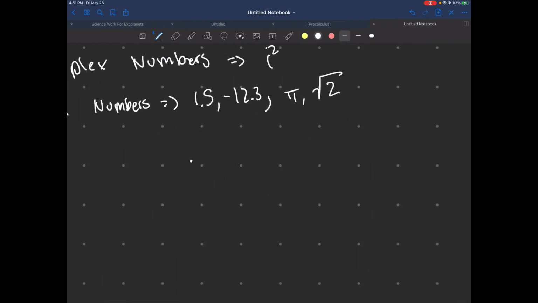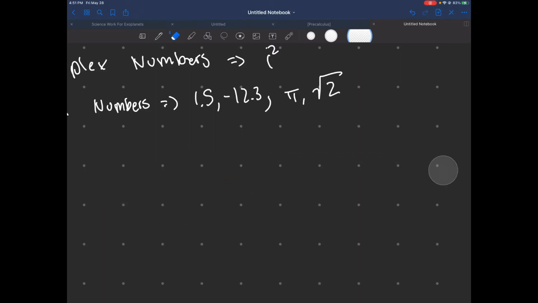If I had a number graph here, I could see that this is 1.5, and then when we go to negatives, -12.3, we have pi, and then we could have the square root of 2 just right over here, right up the alley.